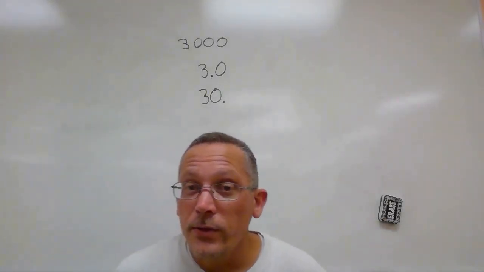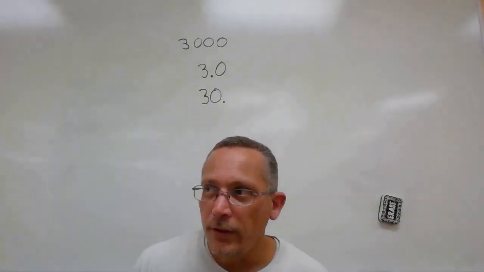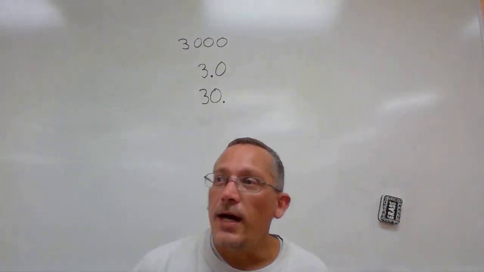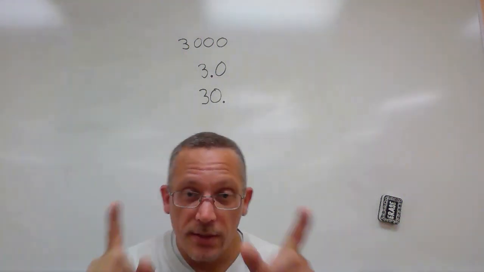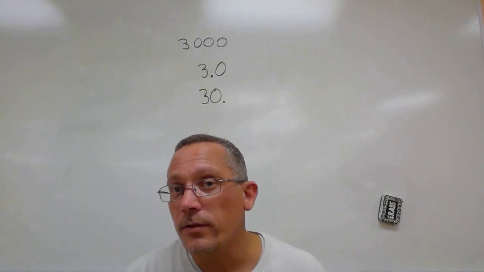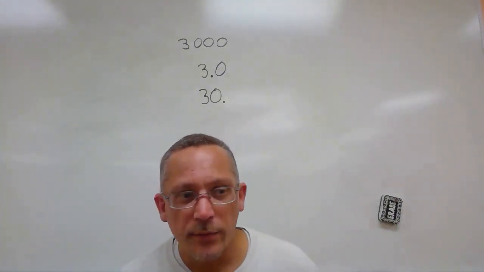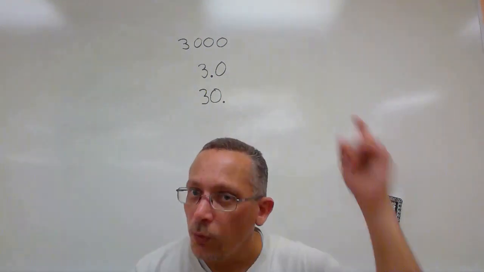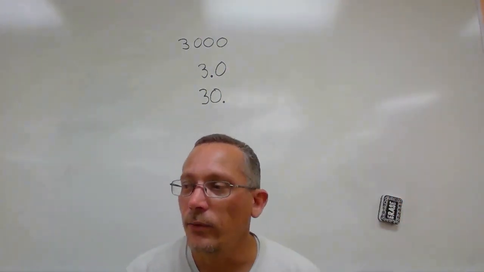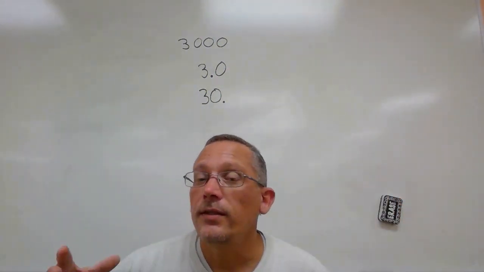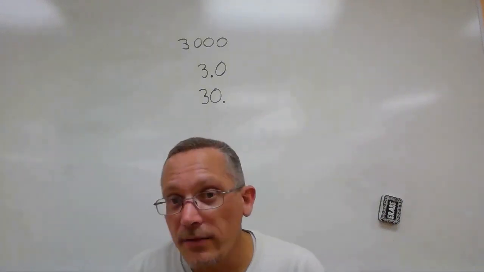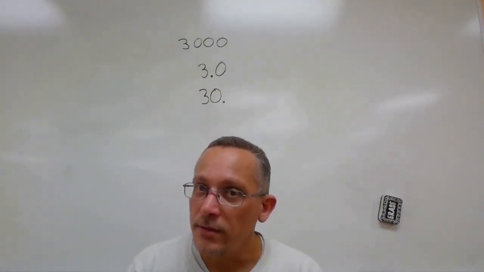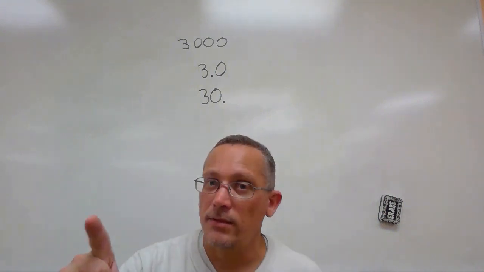Okay, what about zeros that come at the end of a number? Look at this top number up here, 3,000. So you've got a 3, which is definitely a significant digit because of the first rule that says any number that's not a 0 is significant. So that 3 is definitely significant. But what about the zeros there that follow it? Zeros that come at the end of a number, I call them trailing zeros. It depends.